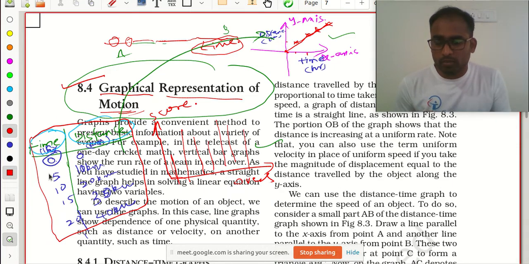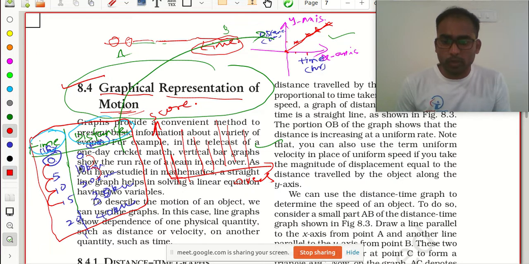Suppose here, for every 5 hours of time, how much is my distance changing? From 0 to 10 kilometers, 10 to 20, for every 5 hours I am changing 10 kilometers. That means here we have proportionality.